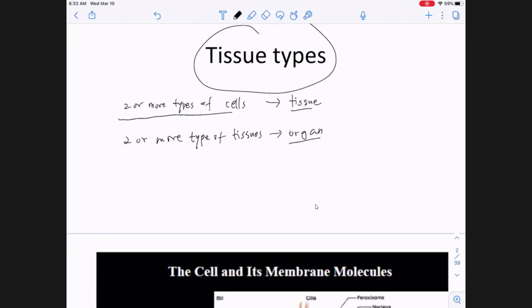So tissues generally have two or more types of cells.